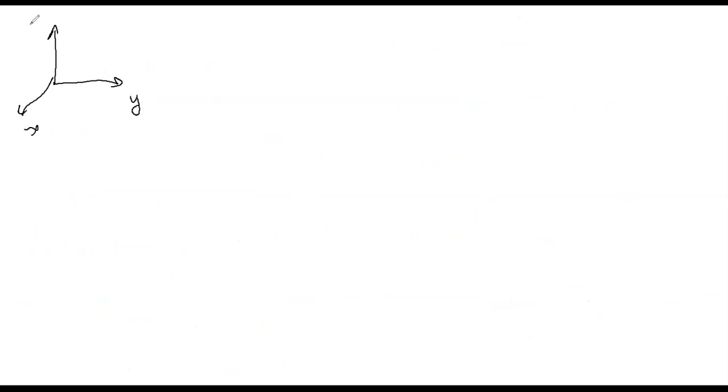Okay, we're going to do x, y, z, and then we're going to have this area where we go in between the origin and 0, 0, 1 and 0, 1, 0.